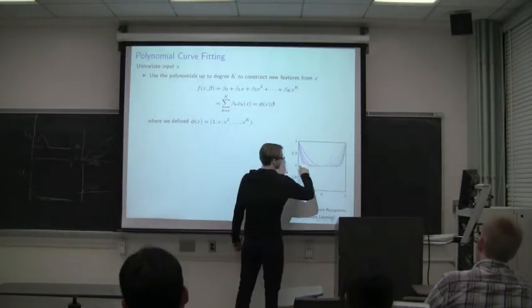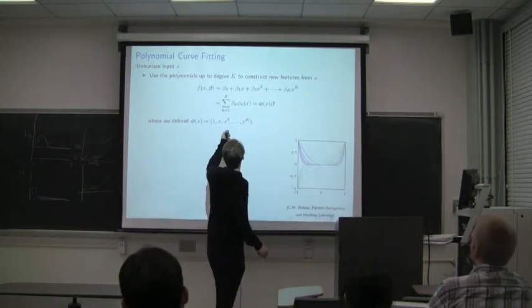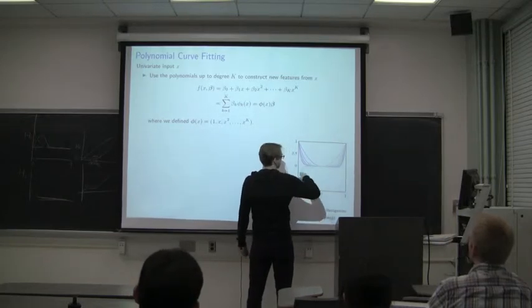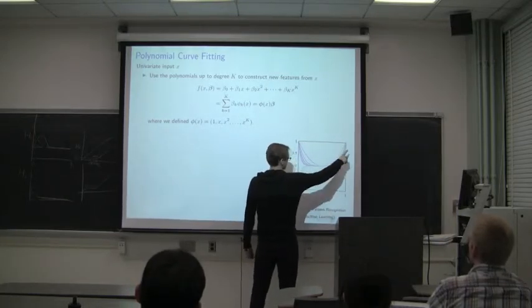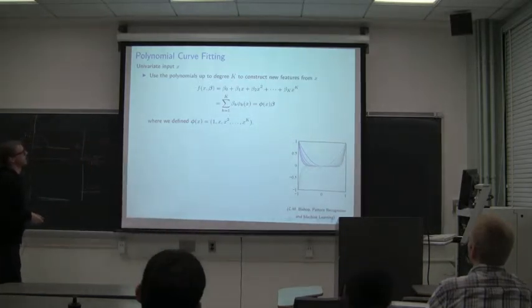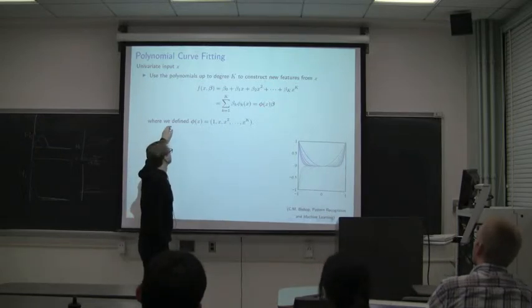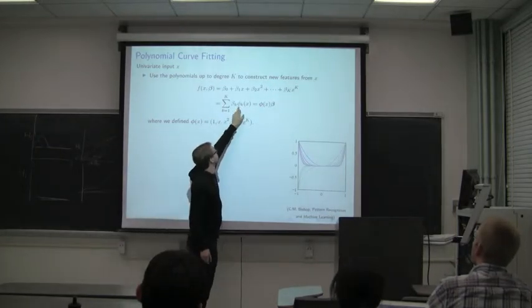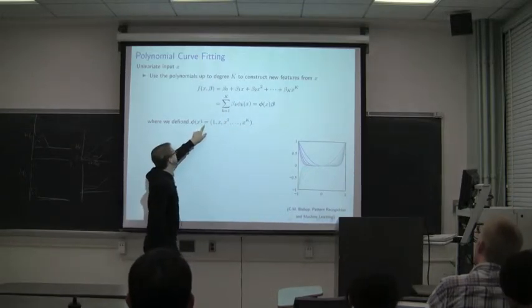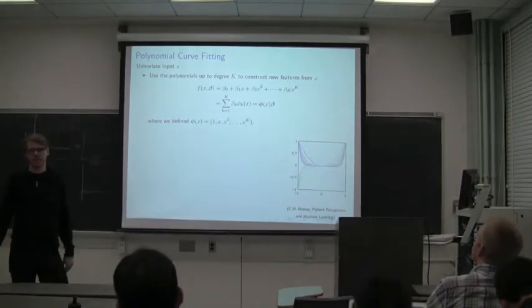You have your 0th order polynomial, which will be your bias term, then a 1st order polynomial, 2nd order polynomial, and so on. And now instead of using in the regression our original x's, we use phi of x, where we define phi of x as the vector of these powers of x.